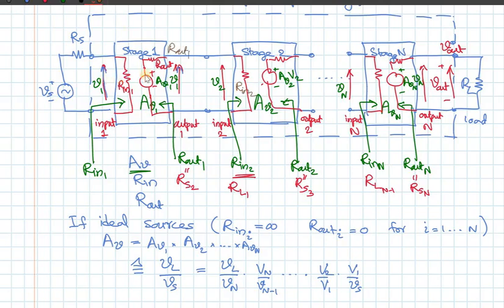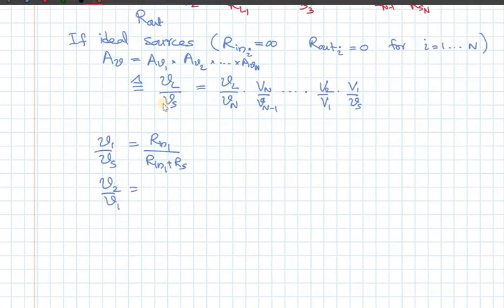So this is the voltage division of this particular source between those two resistors. So therefore this is equal to R in 2 over R in 2 plus R out 1, that's that. And similarly you can write all these other terms.